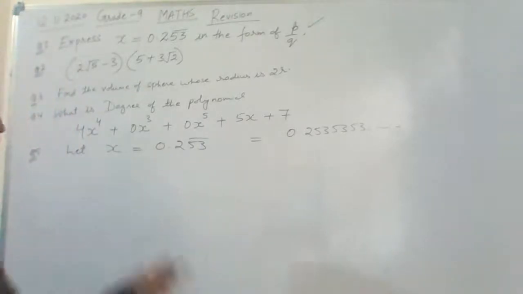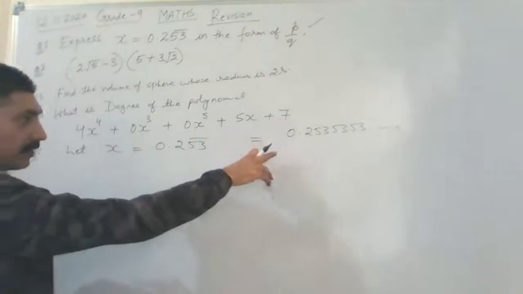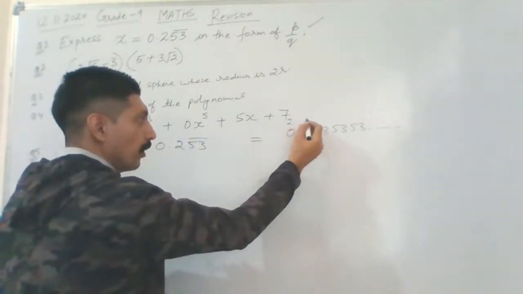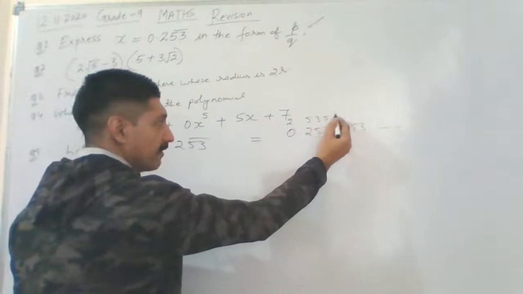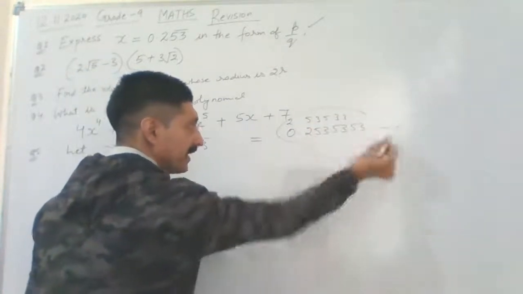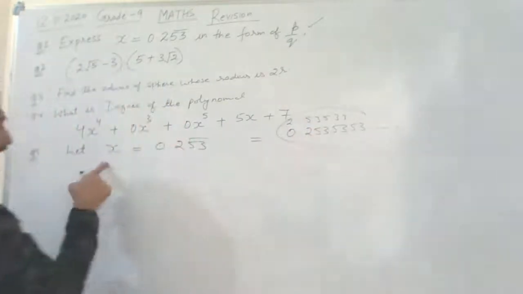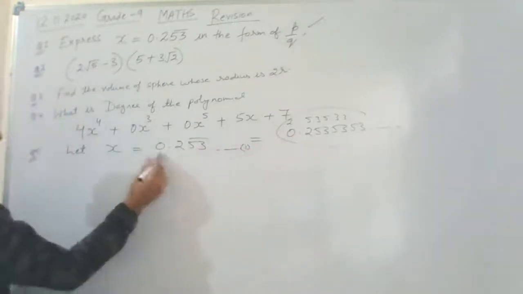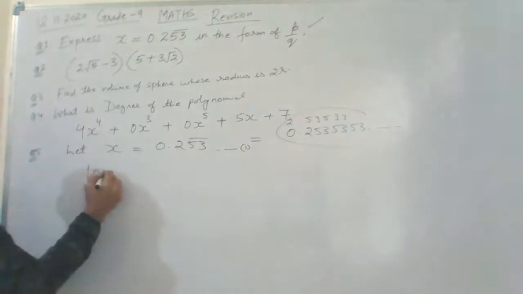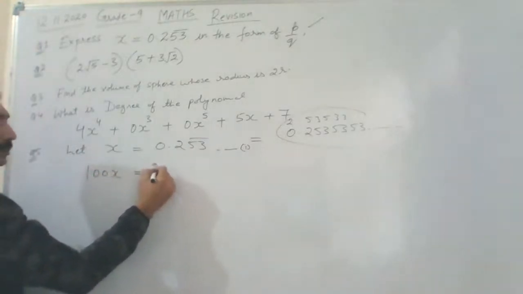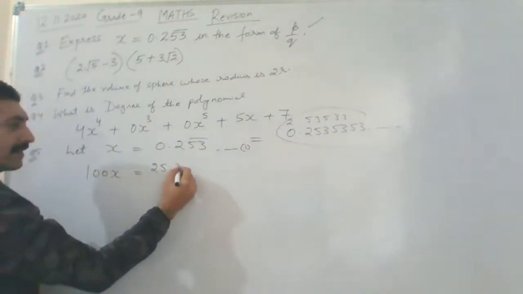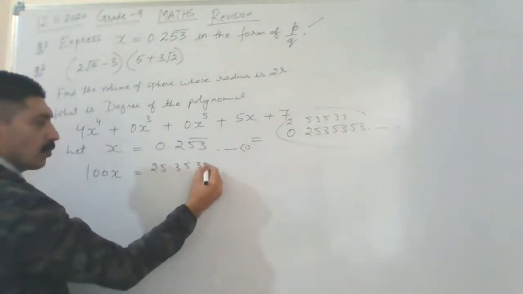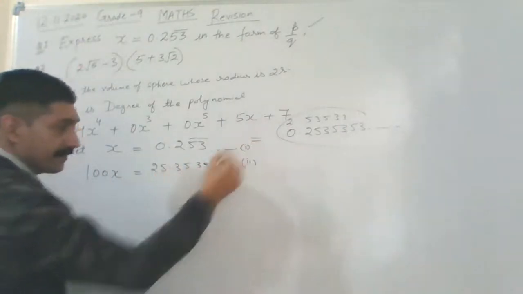So here, if we multiply by 10, we cannot subtract, because it will be 2.53535. We cannot subtract here. So we will move ahead and multiply this. This is equation number 1. Multiply 1 by 100, we will get 100x is equal to 25.353535 and so on.